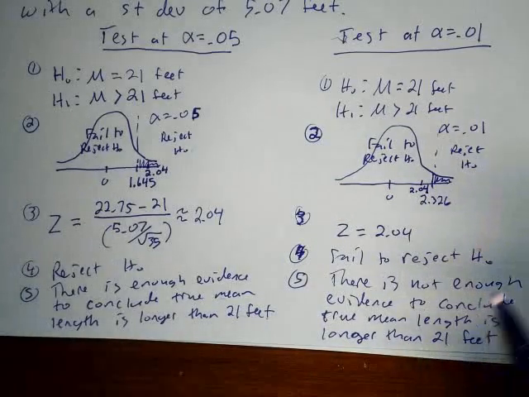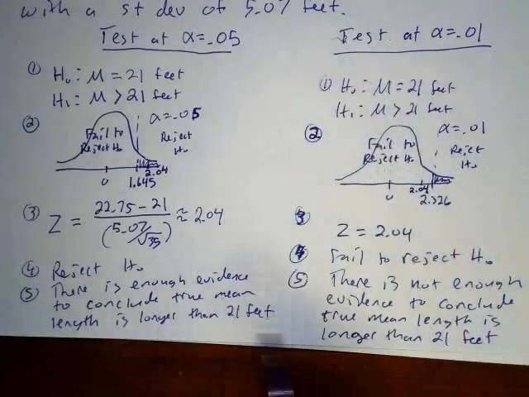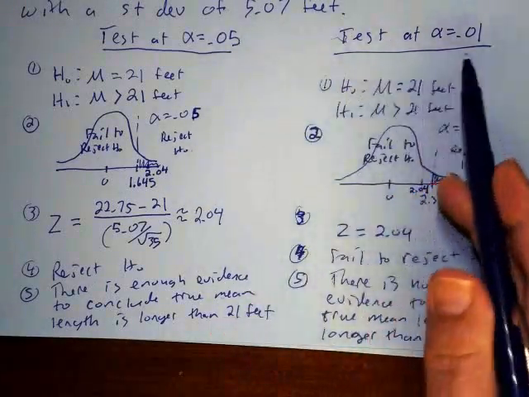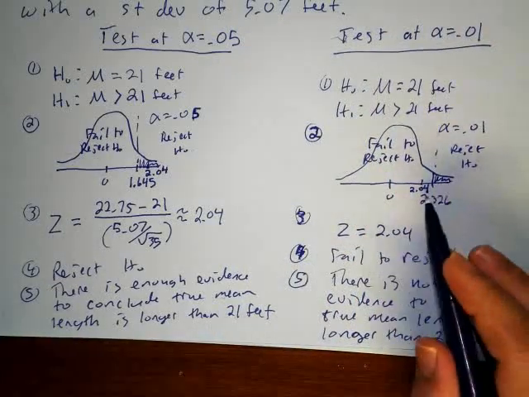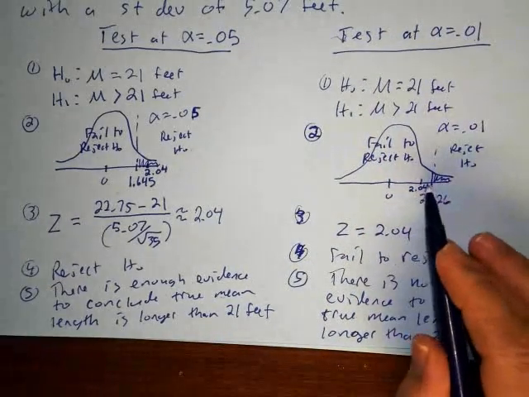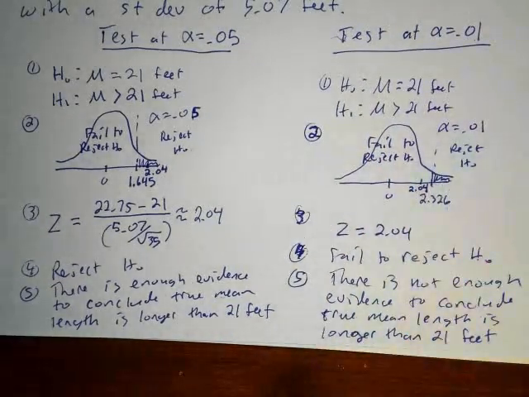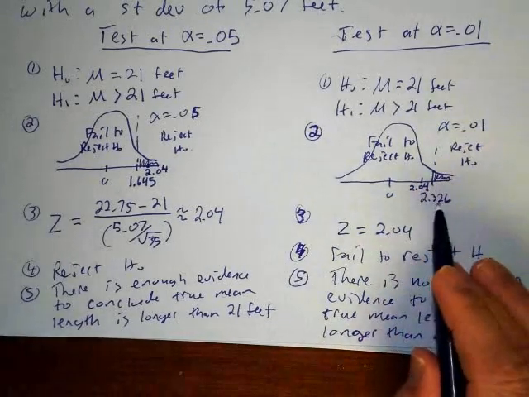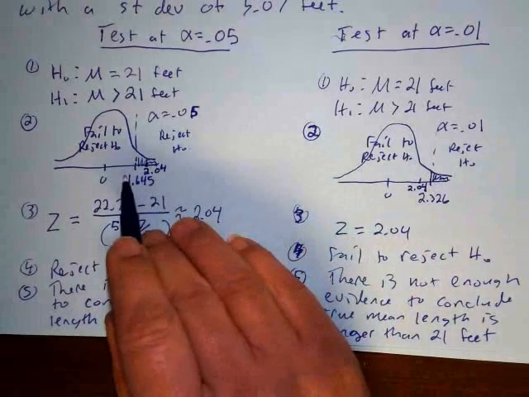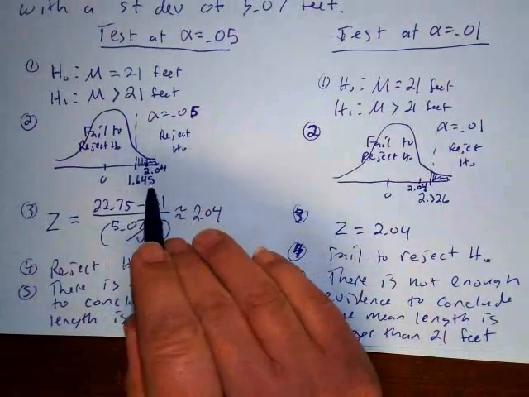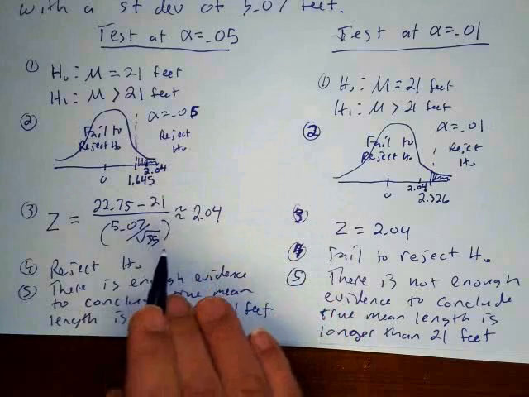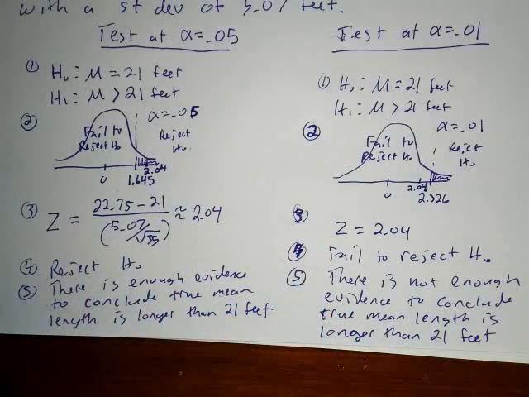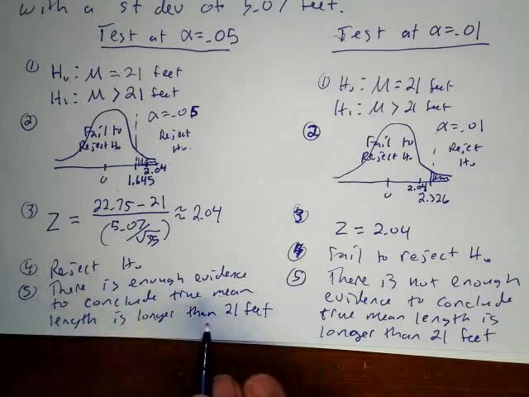Okay, and what changes here, the results of this test are different, and what changes here is at the 0.01 significance level, I'm requiring more evidence before I reject H naught. Okay, so that's what makes this test more significant. So here it only has to go past 1.645, which it does, and then I have enough evidence to reject, and so I do.